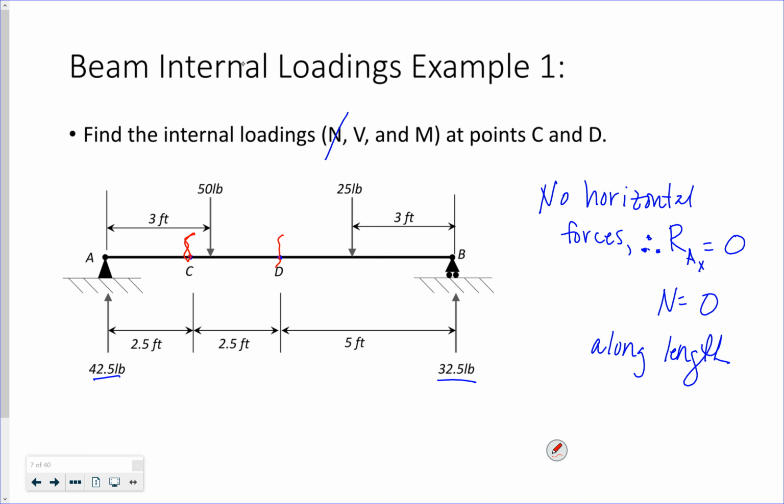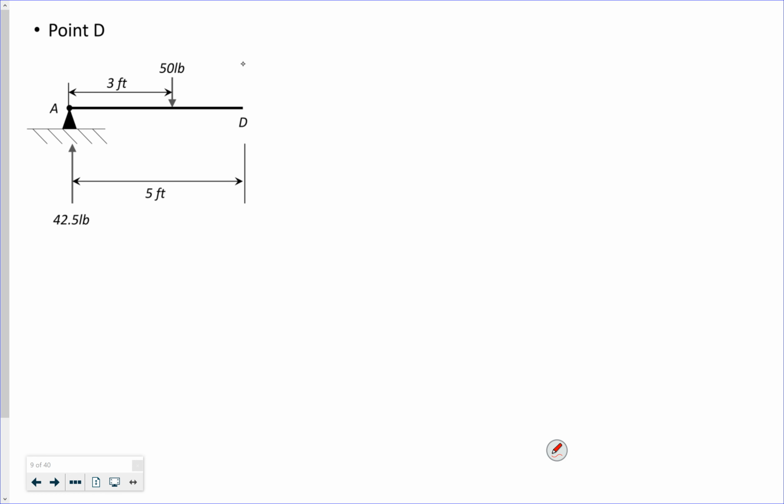So I've got my support, that 50-pound concentrated force, and then just my D. So, right, my 42.5 pounds at my support, my 50-pound concentrated force, my shear at D, and my moment at D. I'm going to pause for a minute, give you guys a chance to try this on your own.